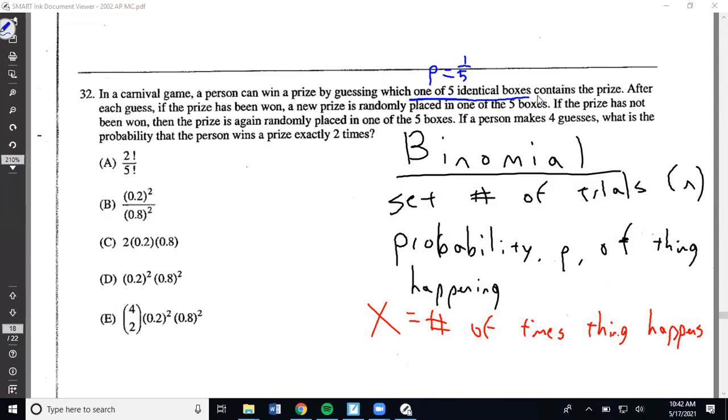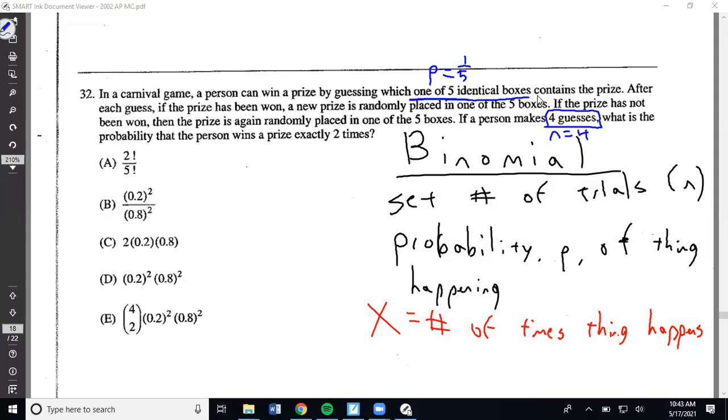Good so far? Okay, number of trials. If it's binomial, then we have a fixed number of trials, a fixed number of times that we are doing the thing, which would be the number of times that we are trying to win a prize. The number of times in total that we are going to attempt to win the prize, which is 4. So n, in this case, is 4.